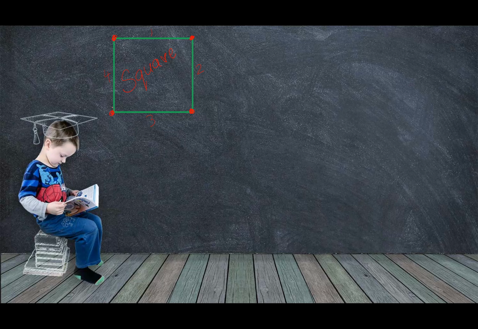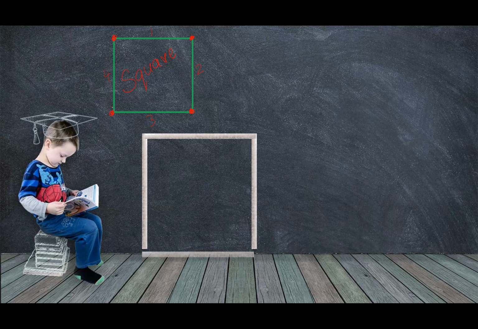So I can take any of the materials. I will choose a pipe cleaner here. I can cut my pipe cleaner into 4 equal pieces and place them together to make a square. As you can see, 1, 2, 3, 4. Now this is a square. I know that a square has 4 vertices and 4 equal sides.